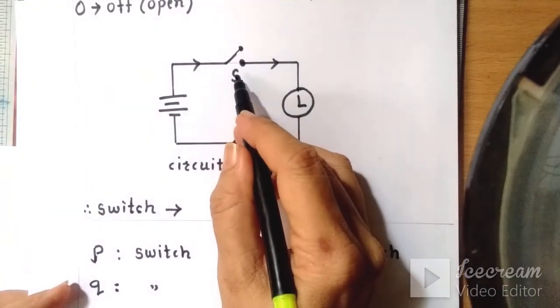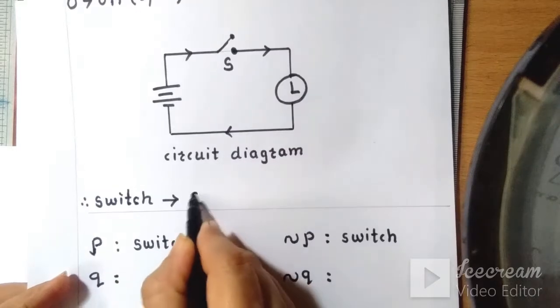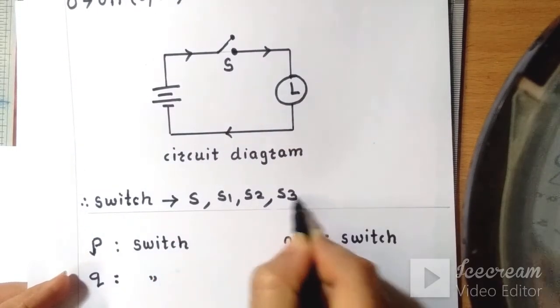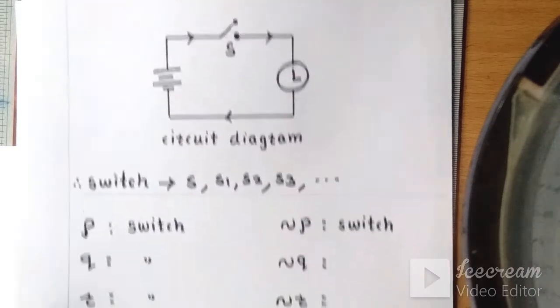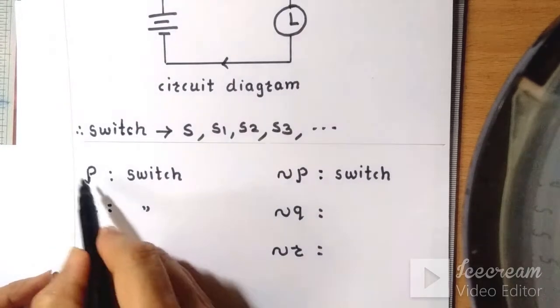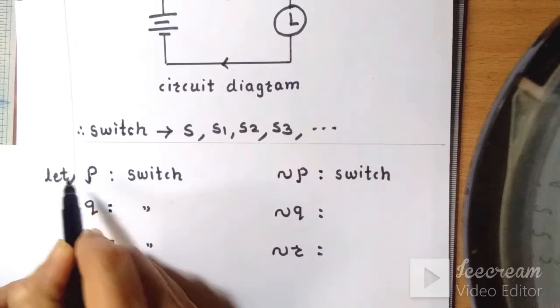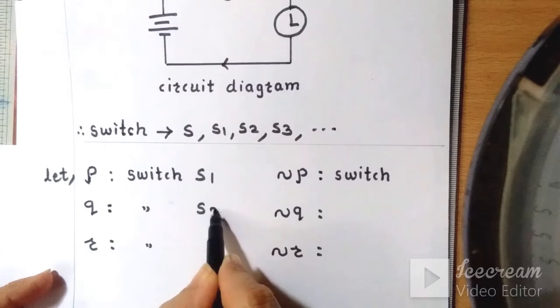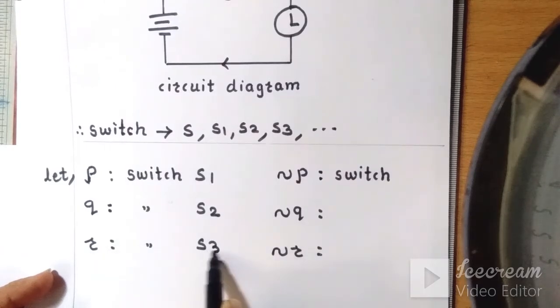So here we will denote switch by the letter S: S1, S2, S3 and so on. Now for our convenience in circuit diagram, let us denote P by the switch S1, Q by switch S2, R by switch S3.